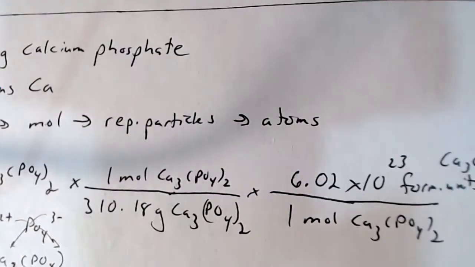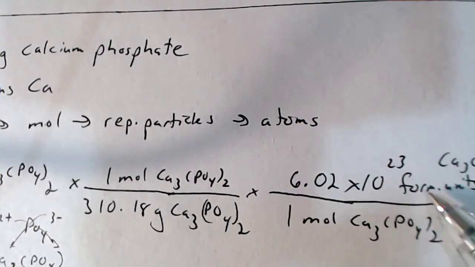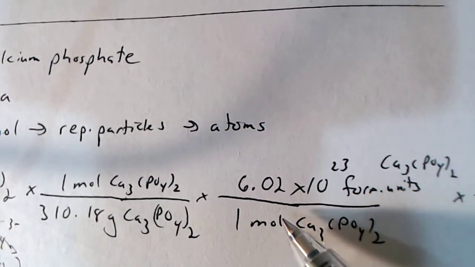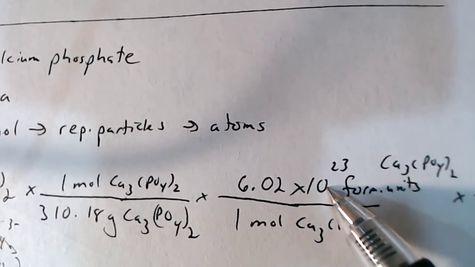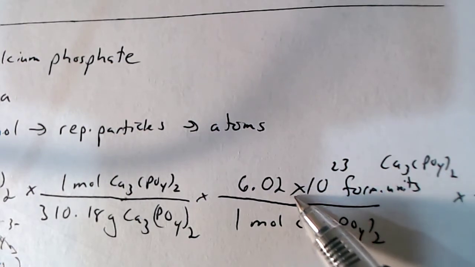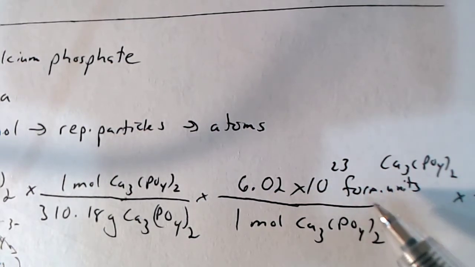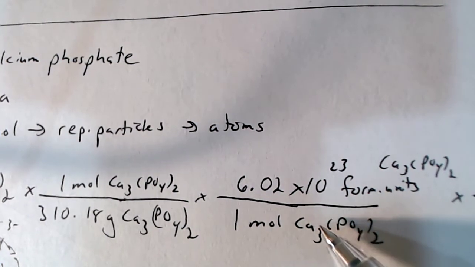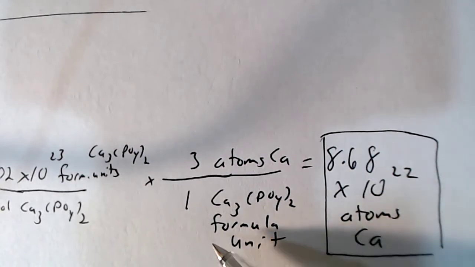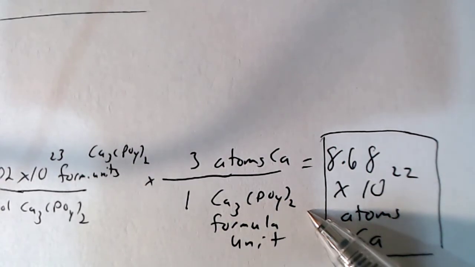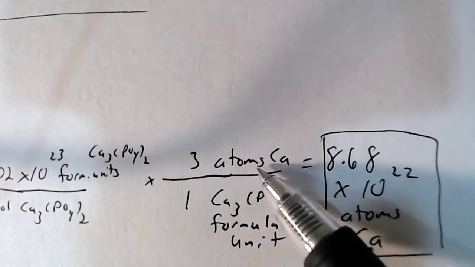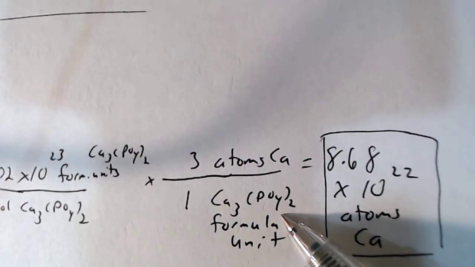And then to convert from moles of calcium phosphate into formula units of this ionic compound, you know that there's 6.02 times 10 to the 23 of that thing per mole of it. And then finally, you want to get into atoms of just calcium. So per calcium phosphate formula unit, there are 3 calciums. So there's 3 atoms of calcium per formula unit of calcium phosphate.